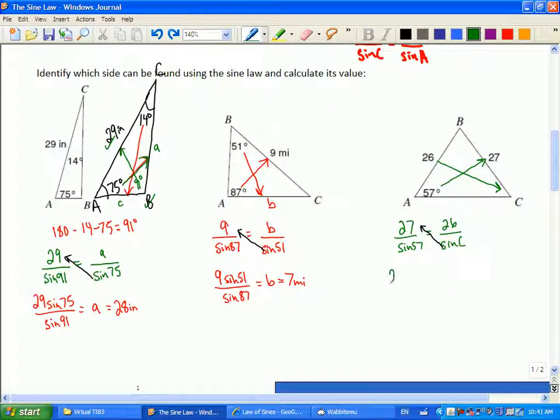So I get 27 sine C over sine 57 is 26. And this is the piece that I'm trying to work my way to having it all by itself. So I'm going to move everything else out of the way. That means I'm going to end up moving 27 across.